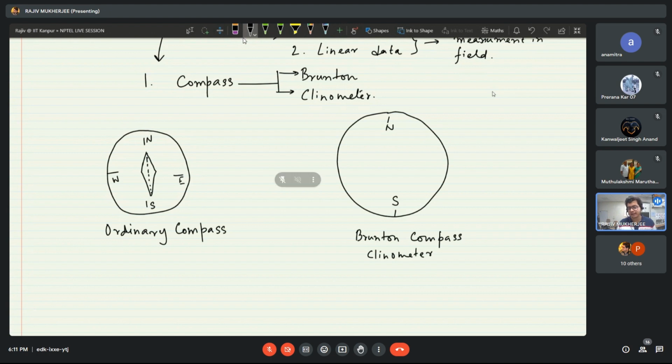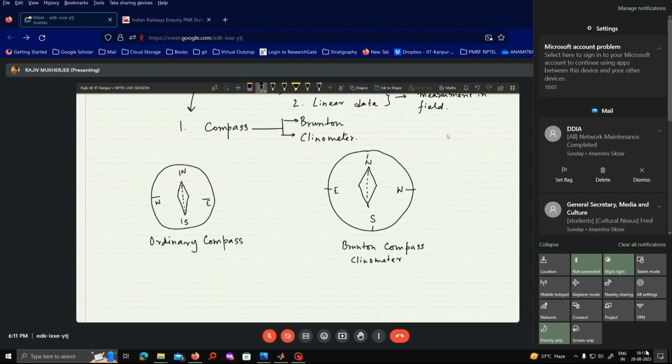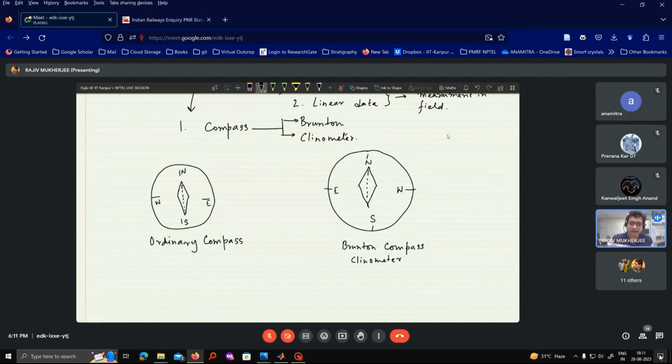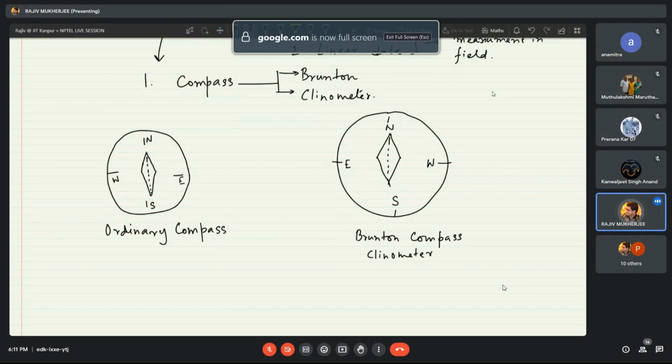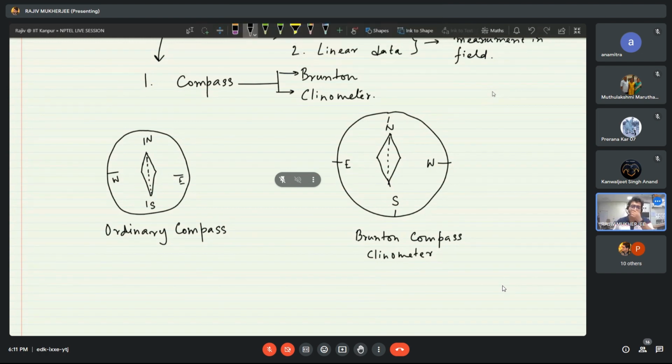But has anyone noticed that in this kind of compass, we have inverted east and west, right? So this has a needle as well, which will measure the north south, of course, but the east west is inverted. So can anyone say why is that so? Why is there an inverted east and west direction specifically made for Brunton compass or clinometer compass? Any guess?